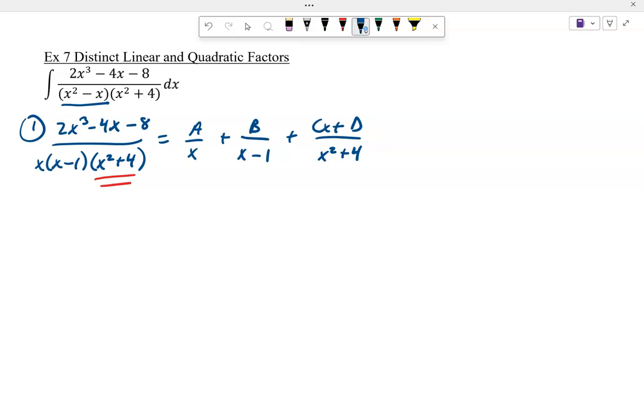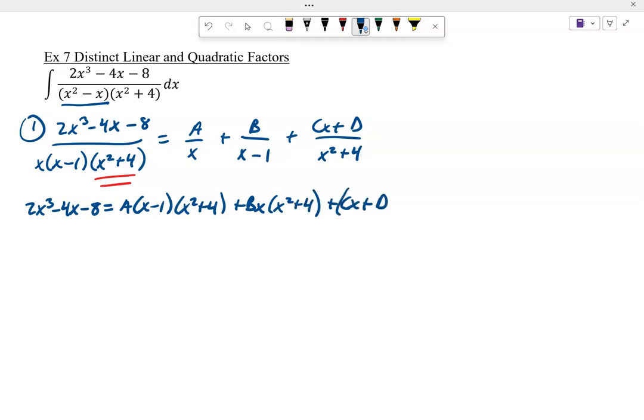Okay? And then we're going to go ahead and multiply everybody by x(x minus 1)(x squared plus 4). So we'll have 2x cubed minus 4x minus 8 equals A(x minus 1)(x squared plus 4) plus Bx(x squared plus 4) plus (Cx plus D) times x times (x minus 1).